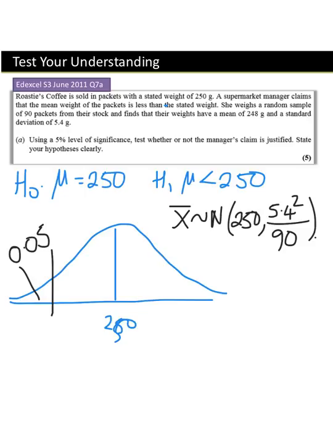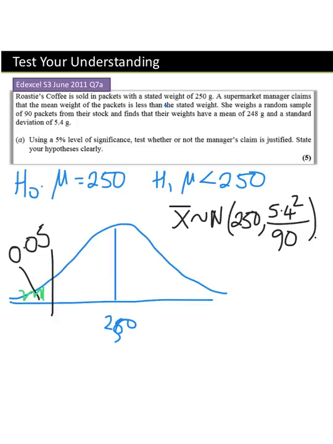Right, so using our calculator, we can work out what our critical value is. So you get the menu button, we want it's less than, so we're going to work out what that is. So our area is 0.05.